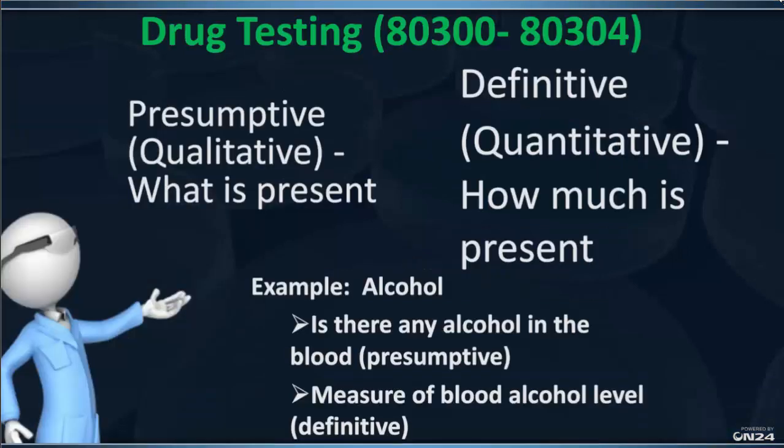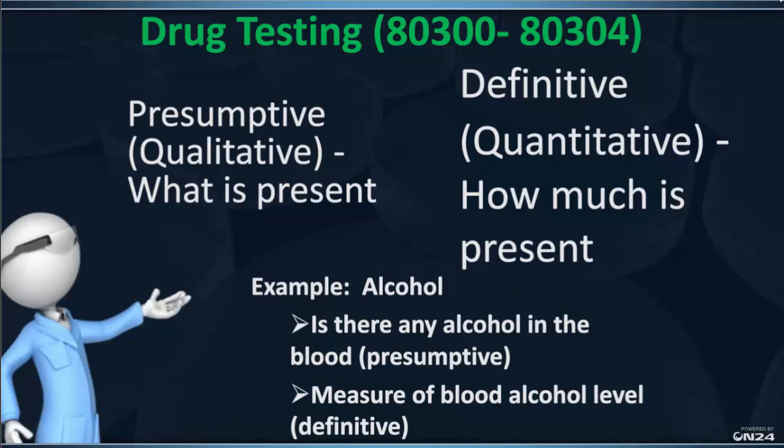Let's talk about drug testing codes 80300 to 80304. There are two separate categories. You have presumptive, which is considered to be qualitative, what is present, like does the patient have any alcohol within their blood, okay? Definitive, quantitative, how much is present.